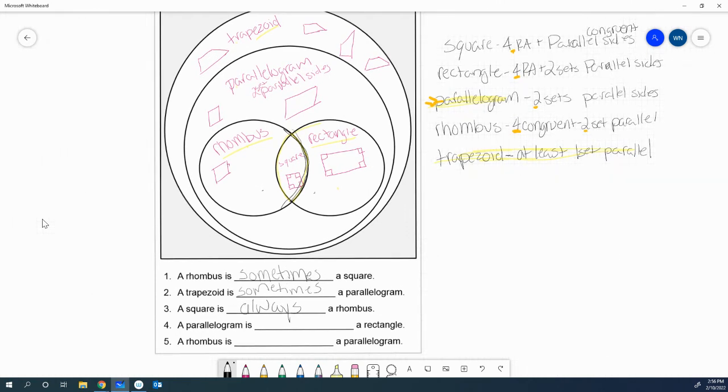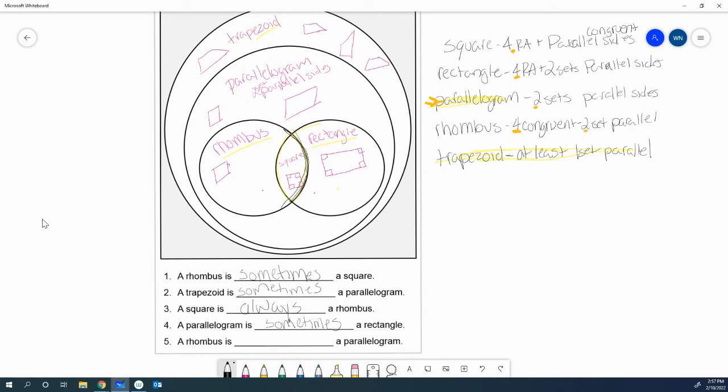A parallelogram is blank a rectangle. I hope you said sometimes. A parallelogram can be a rectangle, but it doesn't have to be a rectangle. And last but not least, we've got a rhombus is blank a parallelogram.